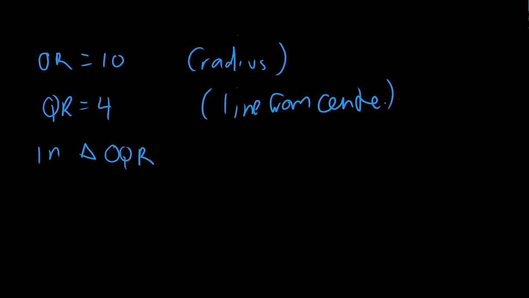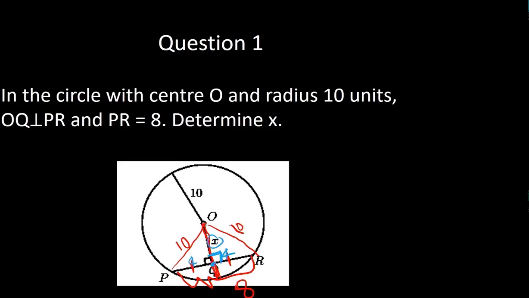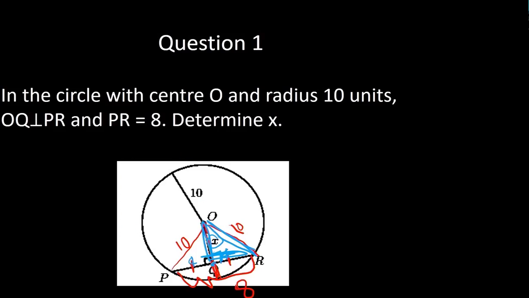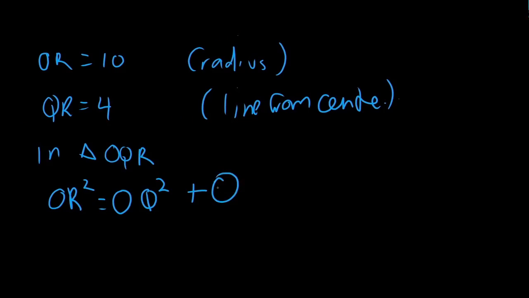we can say by Pythagoras that OR squared is equal to OQ squared plus QR squared. Now we know that OR is 10 units, so I can substitute that.